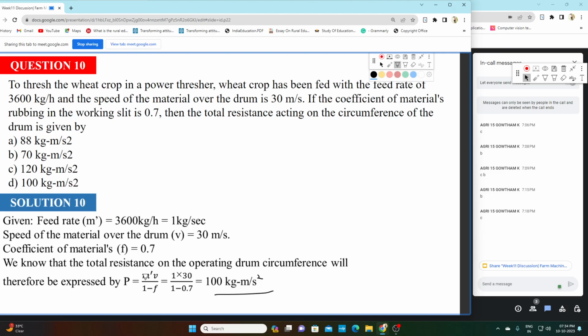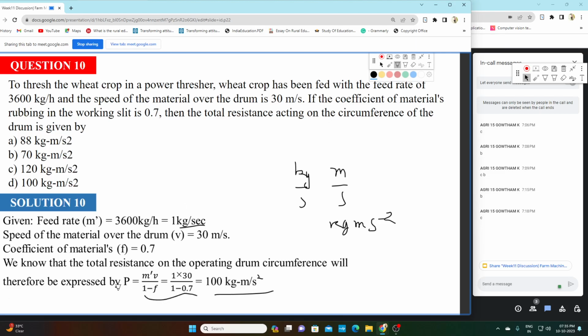I first thought that the feed rate was only in kg, but the feed rate is in kg per second. So the unit is given right: kg meter per second square. This will be your answer.